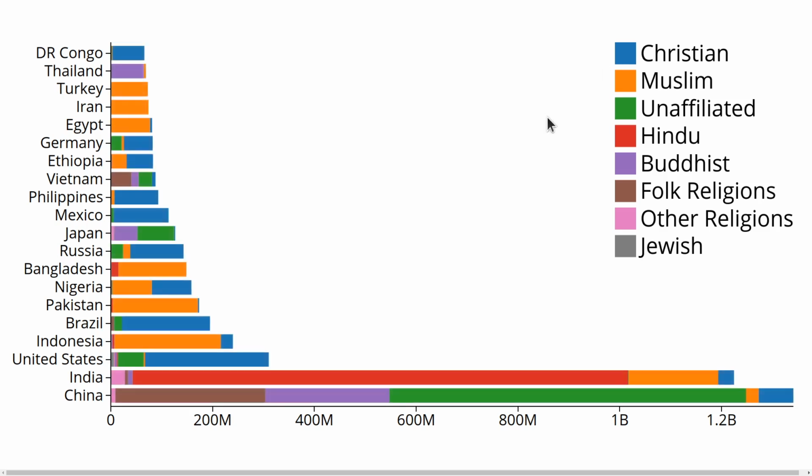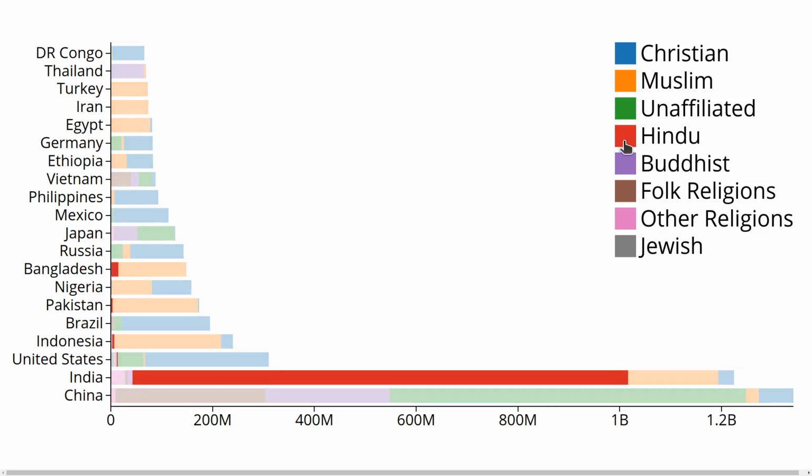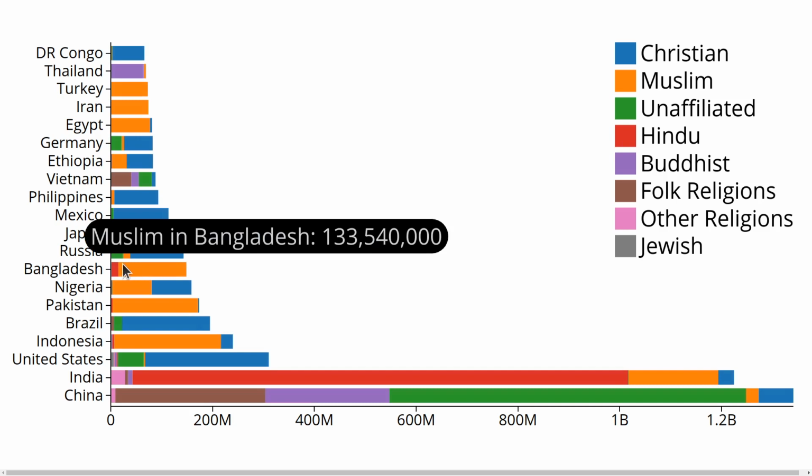Then you could say, okay, I want to look at Hindus and hover over that, and it pops out very quickly. And so with that hovering interaction, you can see, oh yeah, India has the most Hindus, but there are other countries in this top 20 list that do have a significant number of Hindus, specifically Bangladesh.